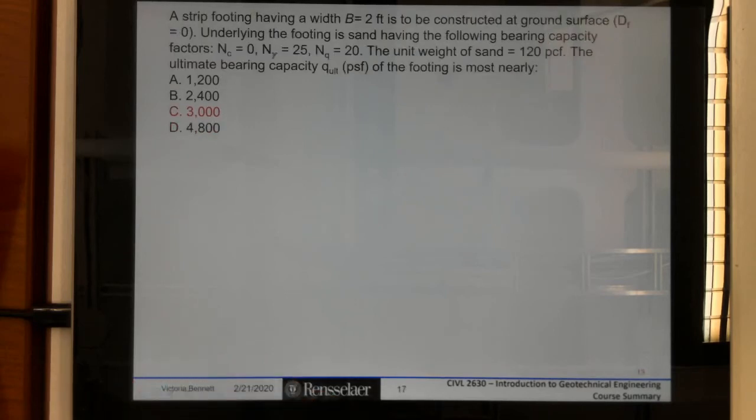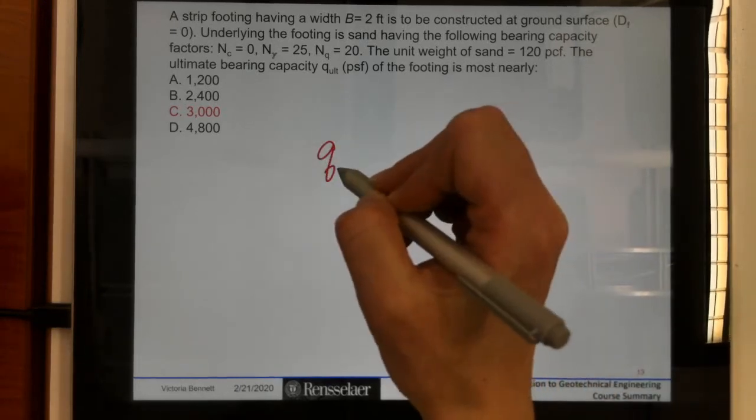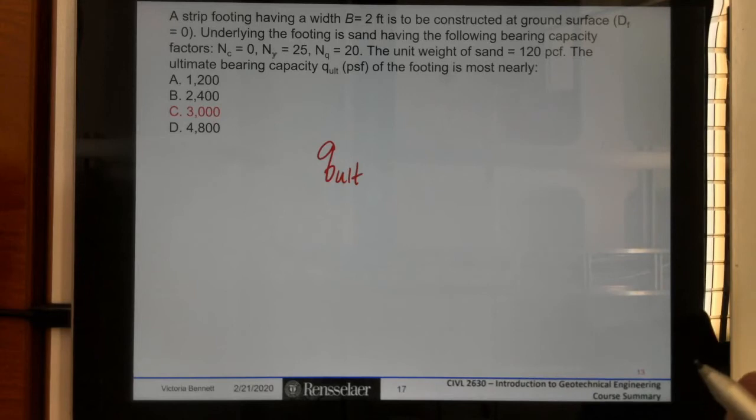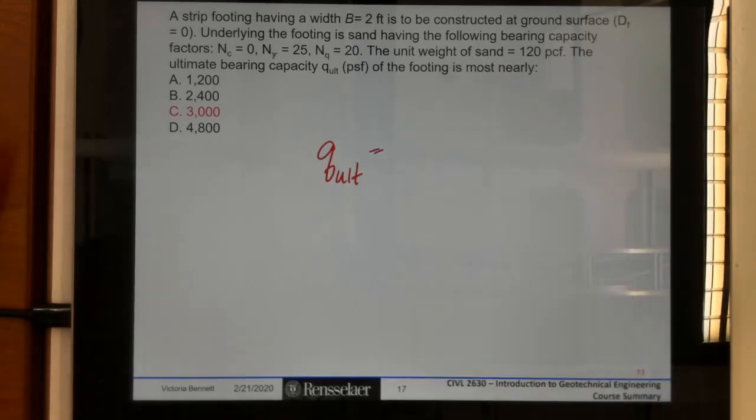The next one also is something in the foundations kind of section, but they have a strip footing, a width of the strip footing, and you would just want to go back to that equation that they give you for ultimate bearing capacity. And in this case, there's usually 3 different factors to consider. 2 of them cancel out in this case. So, did I give that to you or did I change it?